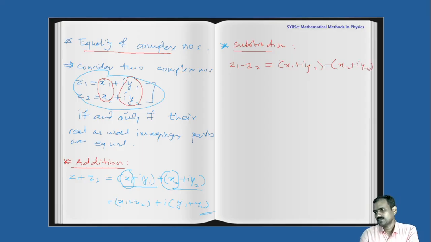Here again we subtract the real parts, x1 minus x2, plus i into y1 minus y2. So we get the subtraction value of these two complex numbers.